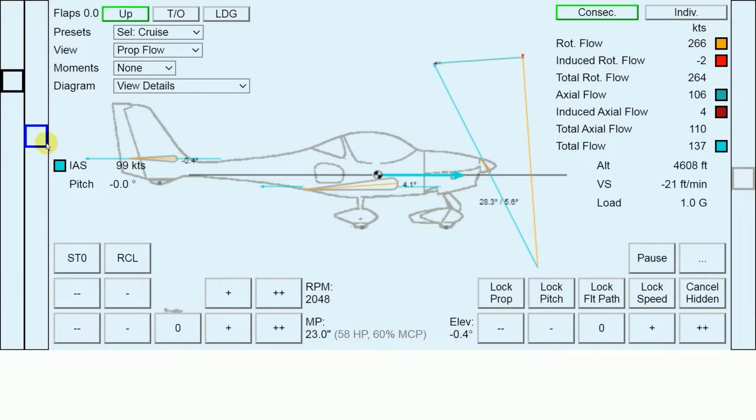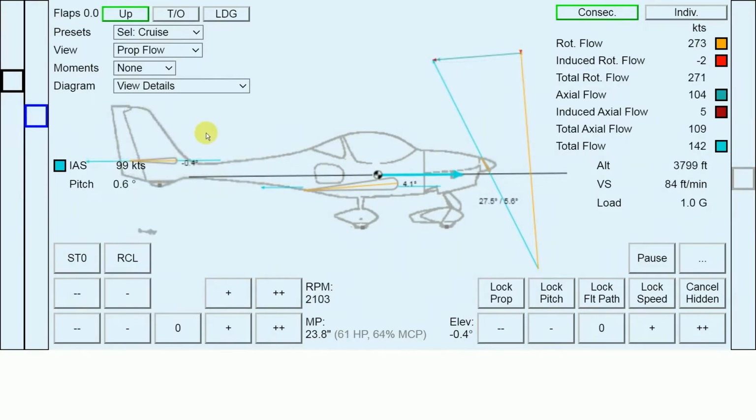Now it is important to note that the RPM lever does not directly control the blade angle, but the propeller speed. And it is the job of the governor to adjust the blade angle to obtain the desired propeller speed. The governor also maintains the set propeller speed over a wide range of engine power and airspeed.